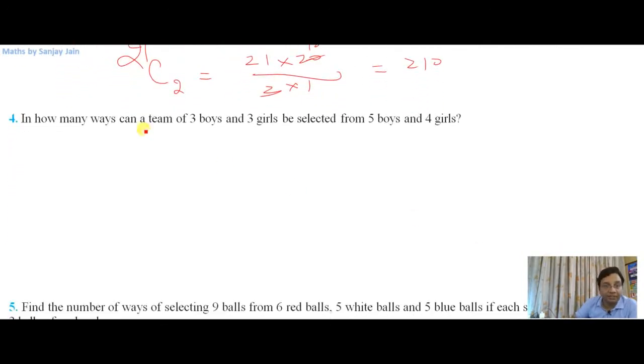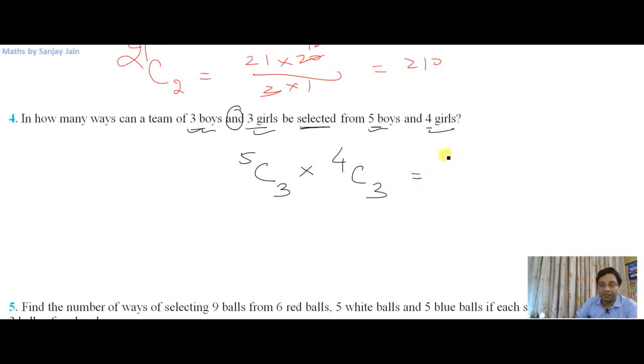In how many ways can a team of 3 boys and 3 girls be selected from 5 boys and 4 girls? So you have to select 3 boys out of these 5 boys, so 5C3 ways, and you have to multiply by 3 girls from 4 girls, so 4C3. These are the number of ways of selecting a team.